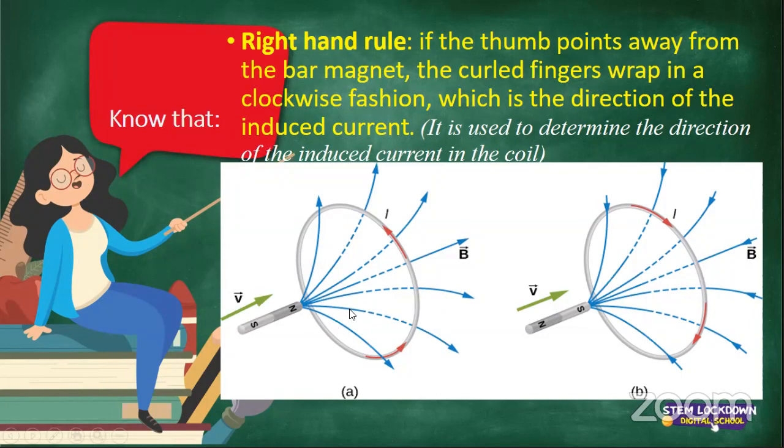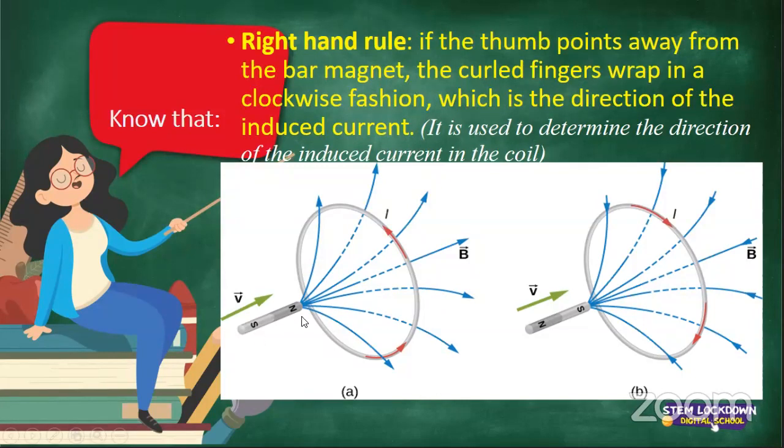Remember, previously in the case of a current carrying conductor, in the case of a solenoid, your thumb was pointing in the direction of the magnetic field. But here the thumb is pointing opposite to it; it is pointing away. So if your thumb is pointing away, it means it's pointing to the south of the coil.